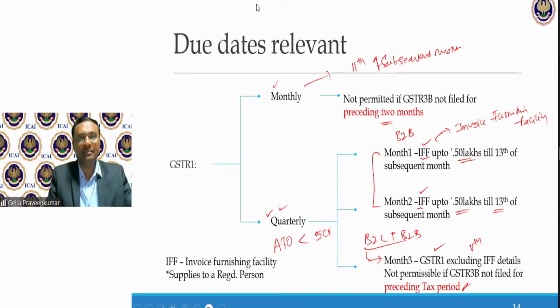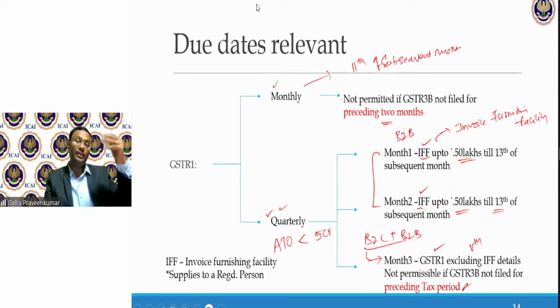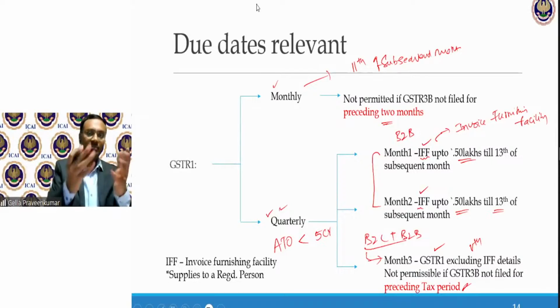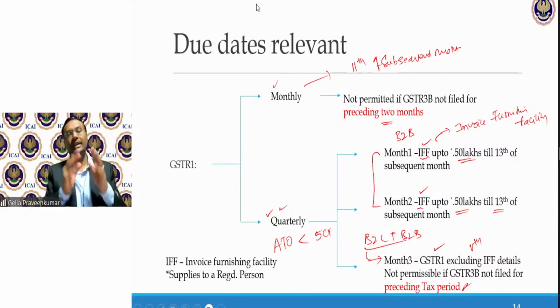Namrata, are you clear, ma? Month 3, what is that we are trying to explain? GSTR-1 excluding those IFF not permissible in month 1, month 2. Why? Month 1, only up to 50 lakh can be shown. Sir, my month 1 turnover is 75 lakhs. 75 minus 50, where do I show the 25 lakhs? In month 1 IFF there is no space. In a train, there is space for 40 people, 10 extra people have come, where do I seat them? Month 1, month 2, there is no space to seat them, in month 3 it has to be shown.